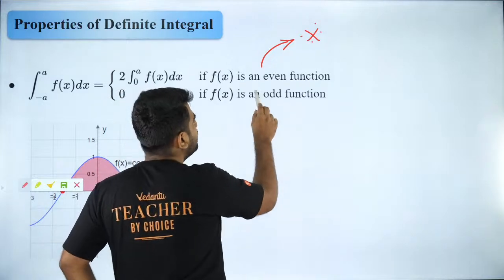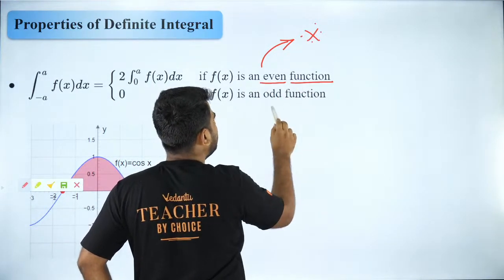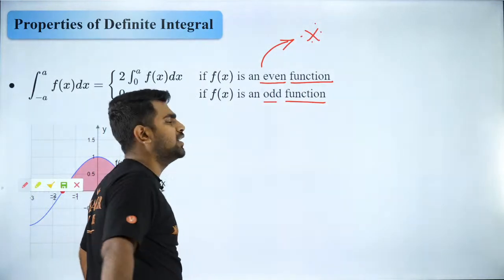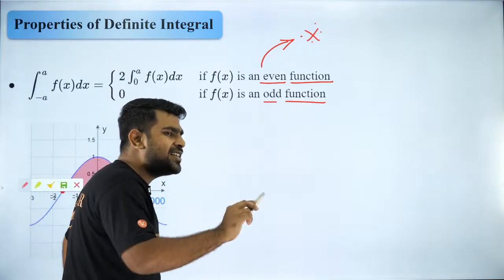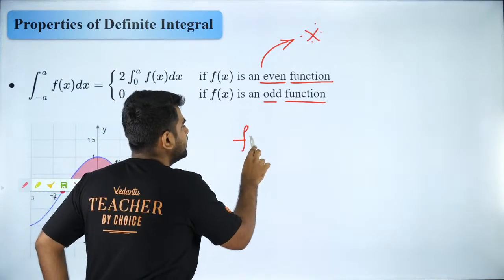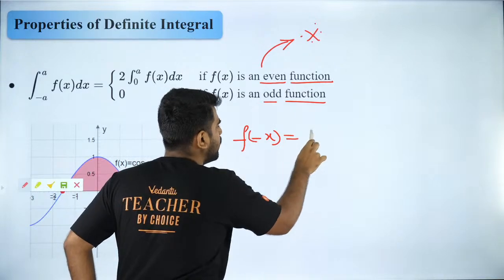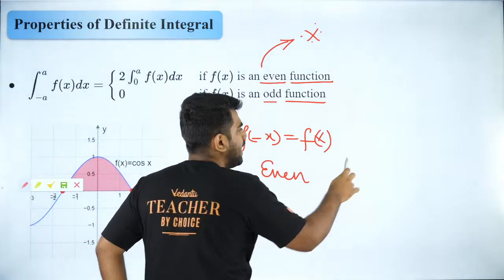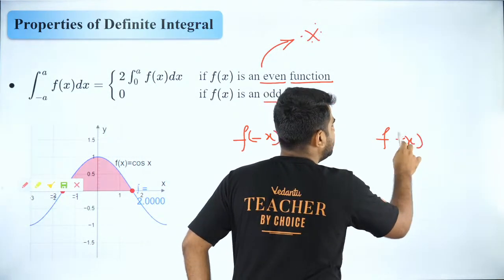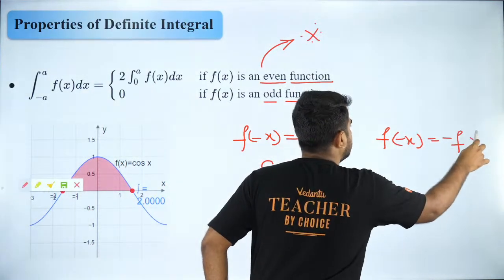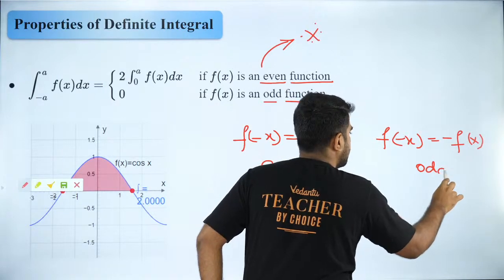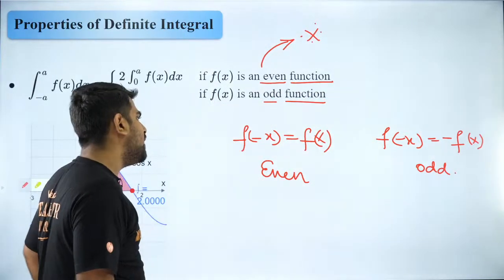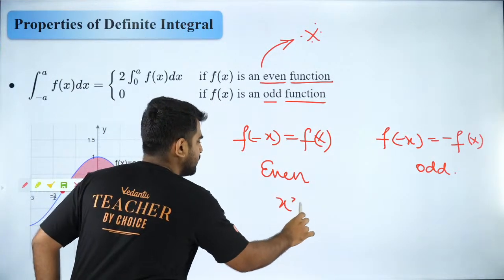First of all, you should understand what is an even function and what is an odd function. The easiest way to understand it is f of minus x, if it is equal to f of x, it is called an even function. F of minus x, if it is equal to minus of f of x, it is called an odd function. An example of an even function is x square.